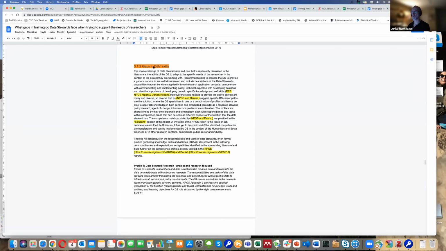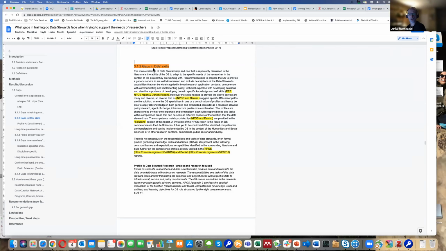In fact, here we can see the first draft text so far. One of our writers, Lona, already has written the first version of this chapter 3.1.2, gaps in data stewards' skills. And her text is already open for comments here.